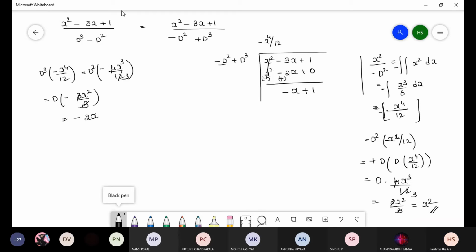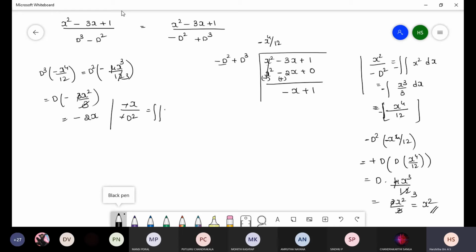Again, to get x, what we have to do is the integration, because here it is only x. When we do the double differentiation, we get 0. So at that time, again the same method, minus x divided by minus D square.